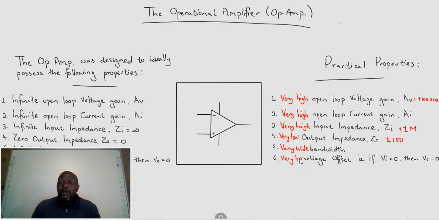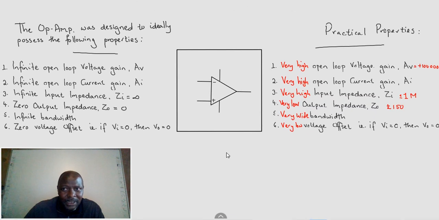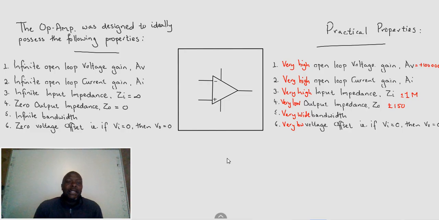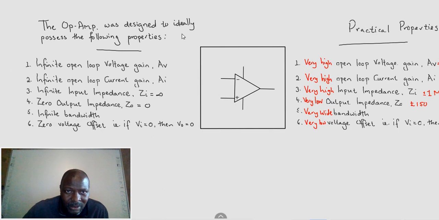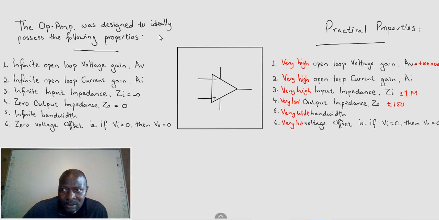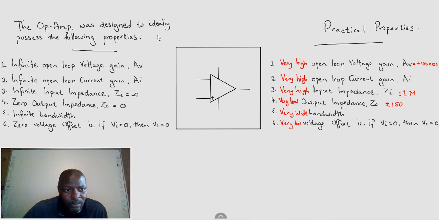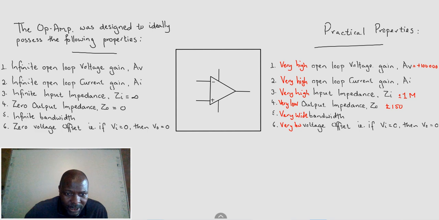So typically you'd be asked to provide the ideal properties, in which case you have to say what the design properties were.